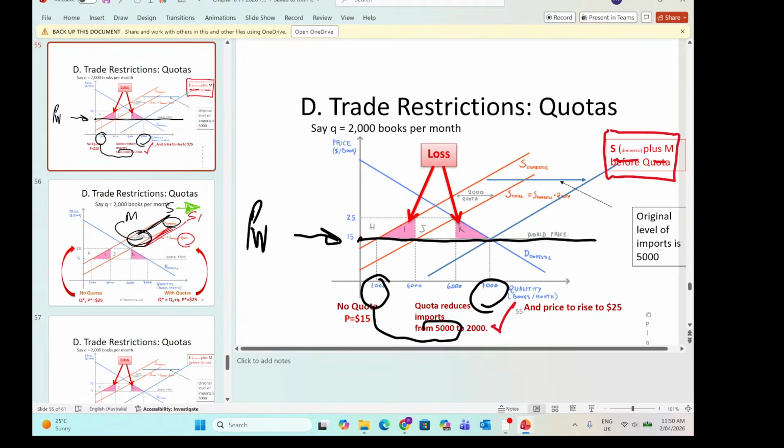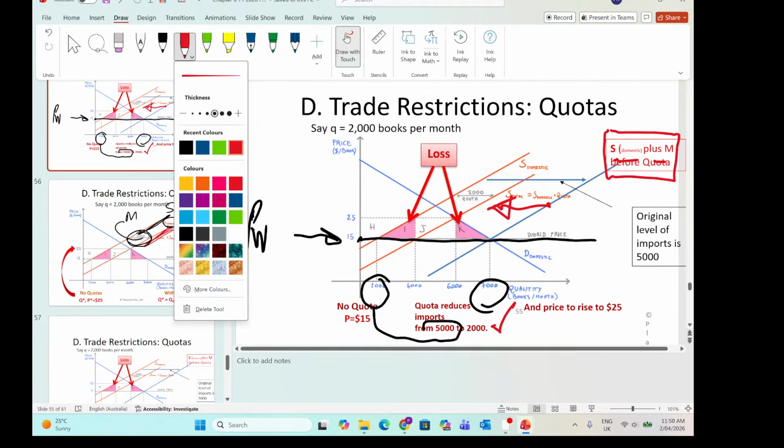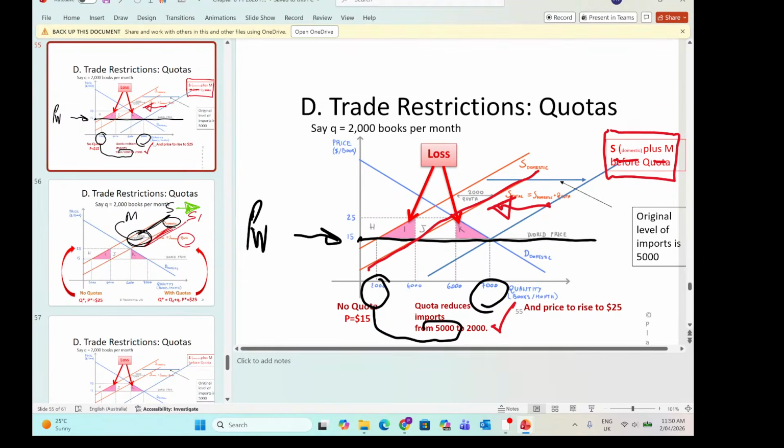It moves that supply curve to the left because now there are fewer imports. So the blue line represented the free trade supply curve, but the new orange line, let me trace it in red, now represents a lower level of imports because 3,000 imports have disappeared.